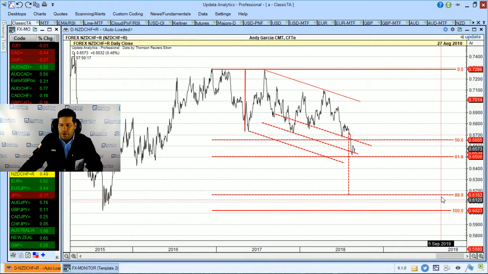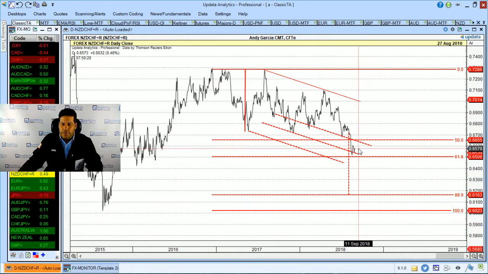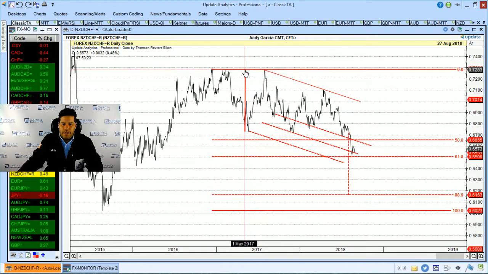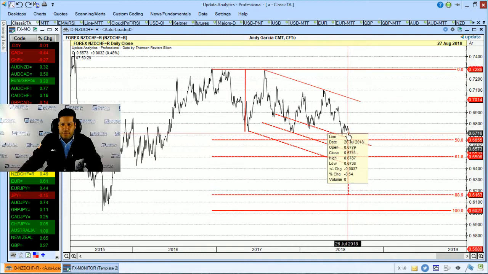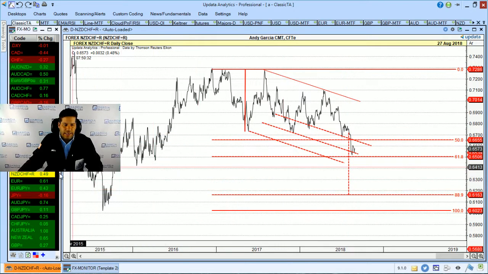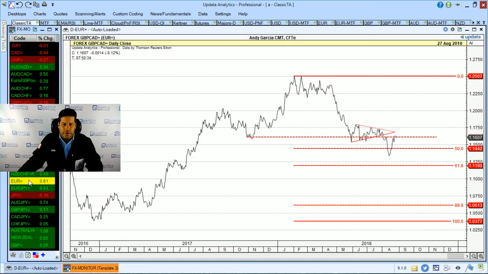I'm looking for a target down here at 61.68, so plenty of room to move. Basically what I've done is taken this high to this low, projected it off the breakout point, and here we are at a measured move down to 61.68 in the New Zealand Swiss franc.